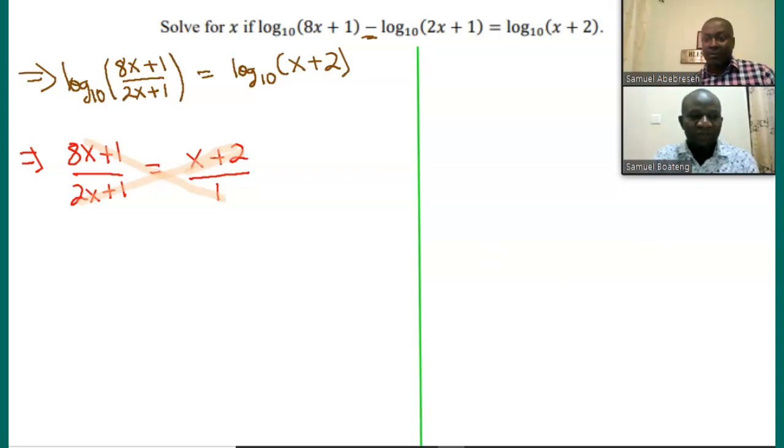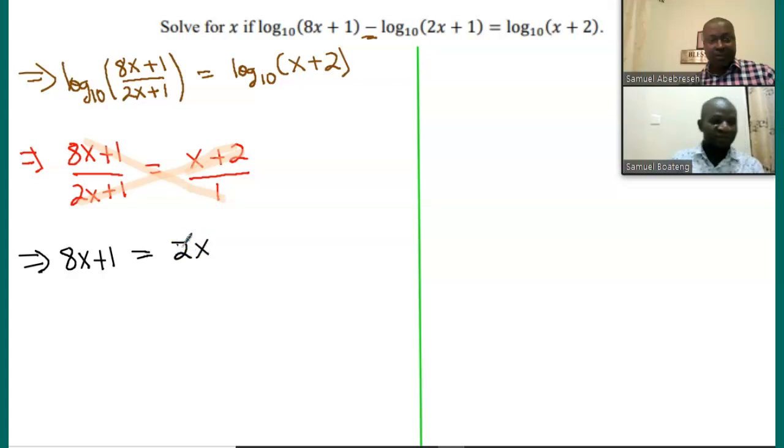Yes, good. So when we do that, we have 8x plus 1 equal to, in one bracket, 2x plus 1, then in another bracket, x plus 2.